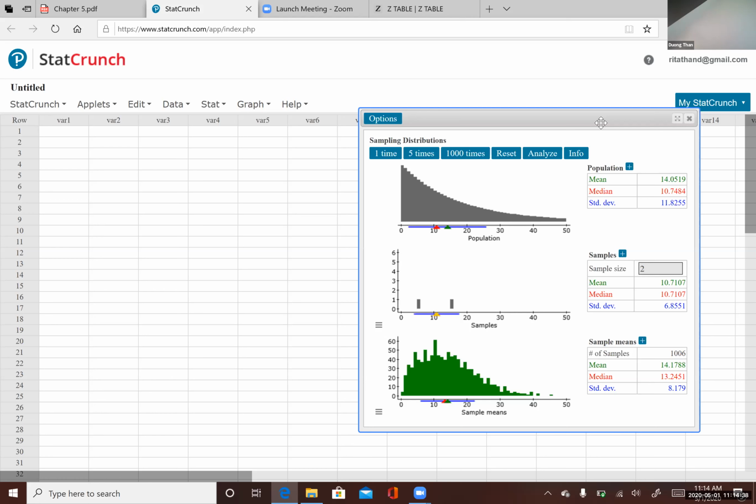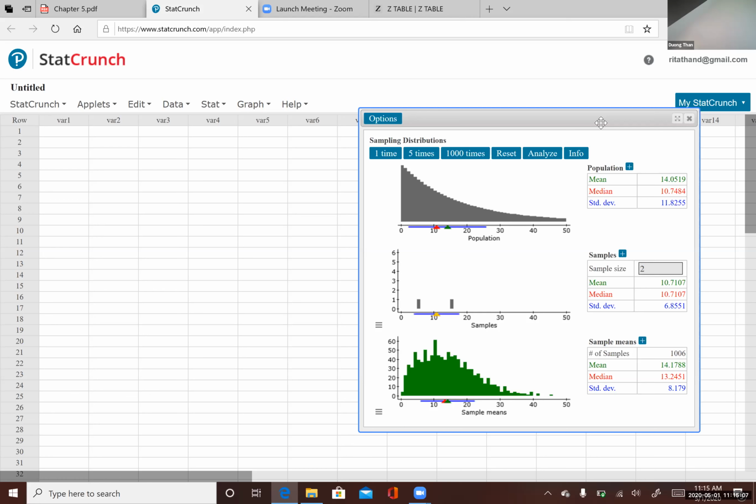Now we want to look at the mean of the populations. When we started, it is about 14. The mean of the sampling distributions of the sample means is about the same, which is 14. How about the standard deviations? The standard deviation of the populations is about 11.8, and the standard deviation of the sampling distributions of the sample means here is about 8.179.